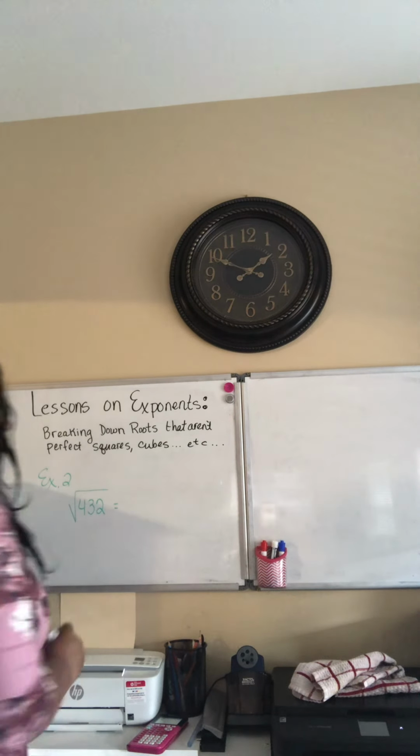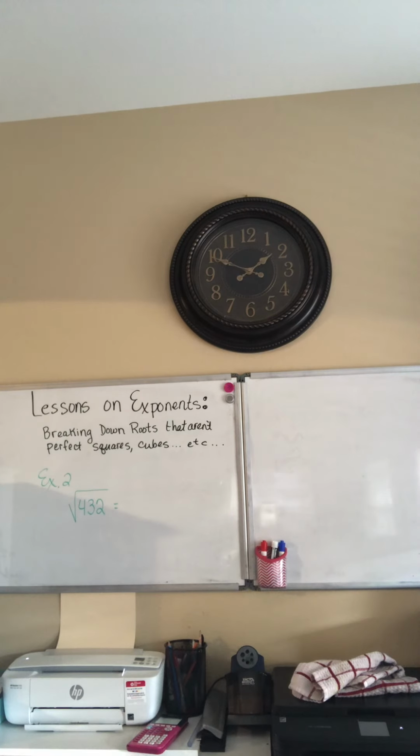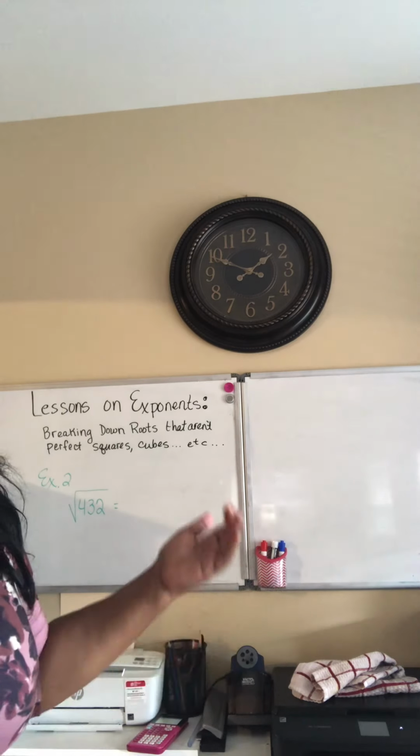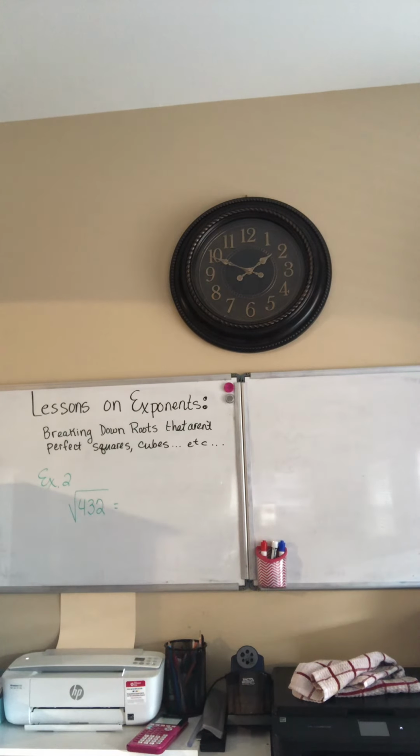Okay? Now, if you look at your squares, you'll see that 20 times 20 is 400, and if you did 21 times 21, it will be bigger than 400. But none of them gives you 432. So 400 is too close to it. So we need to move back up the answers until we find one that we think will go into this.